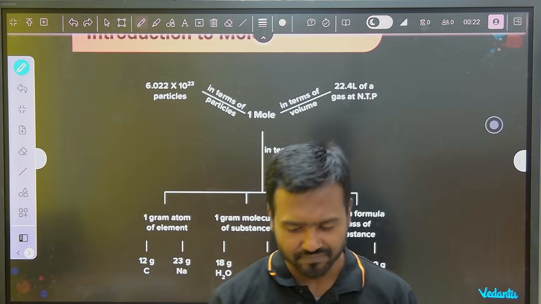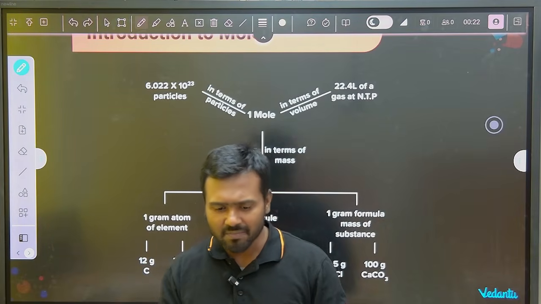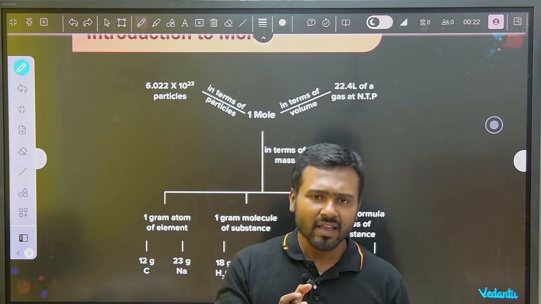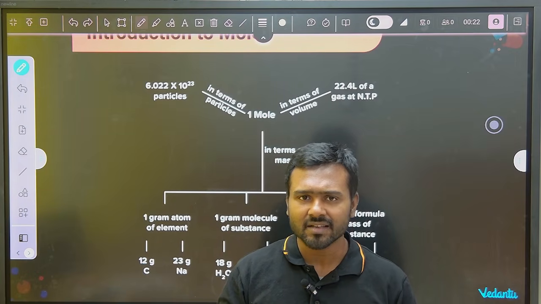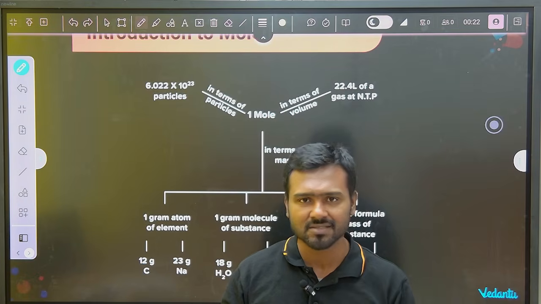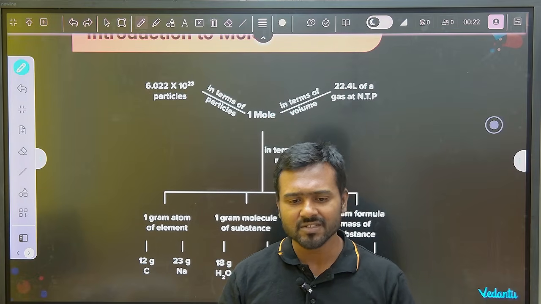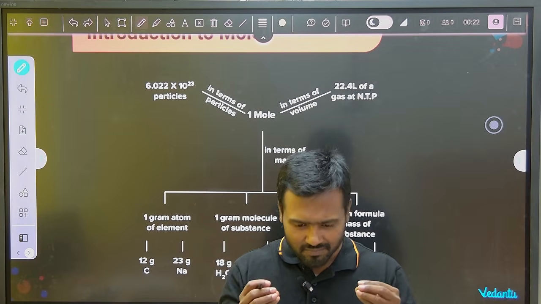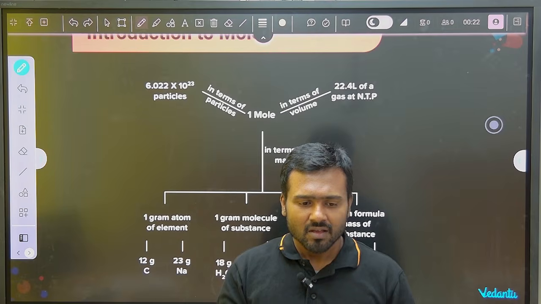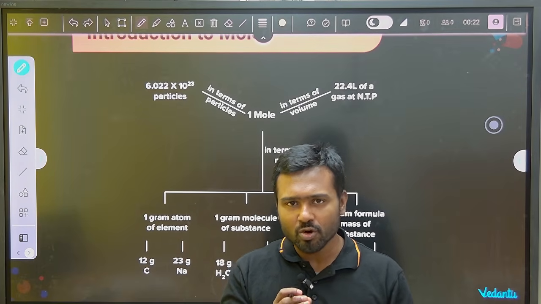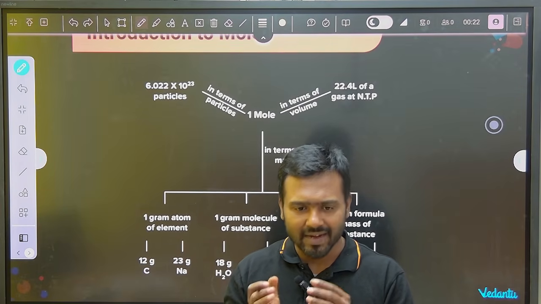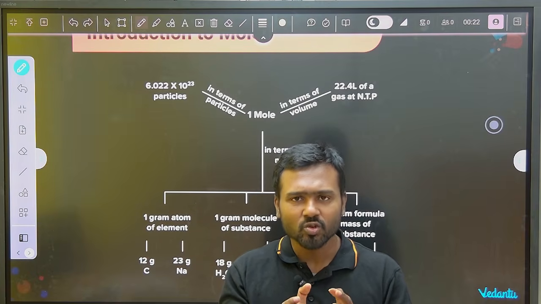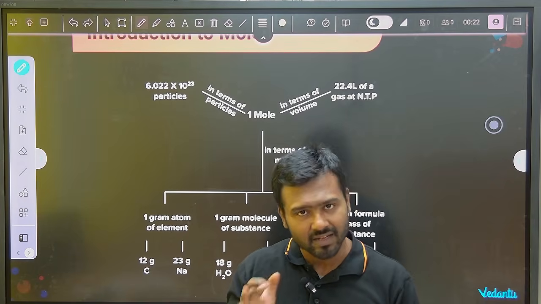He said that if you take any element and its mass is equal to its gram atomic mass, here grams came in, or else we'll say the weight, we are linking these two: the weight and the number of particles. 6.023 into 10 power 23 atoms of any element, if you weigh them, you are going to get its atomic weight in grams.